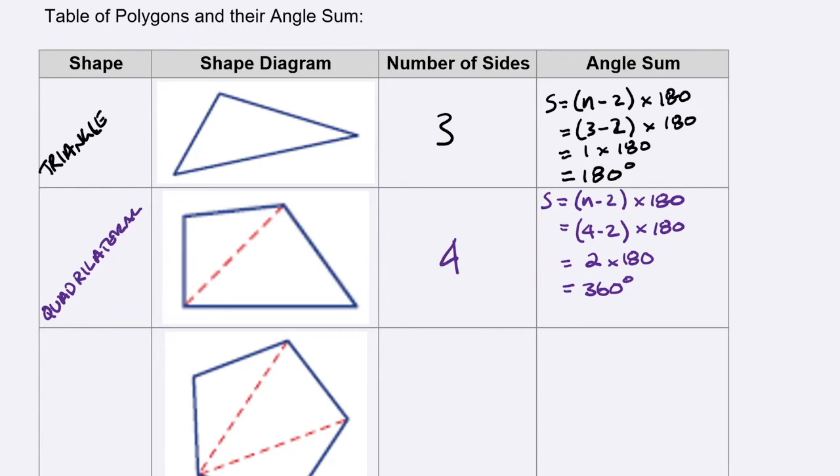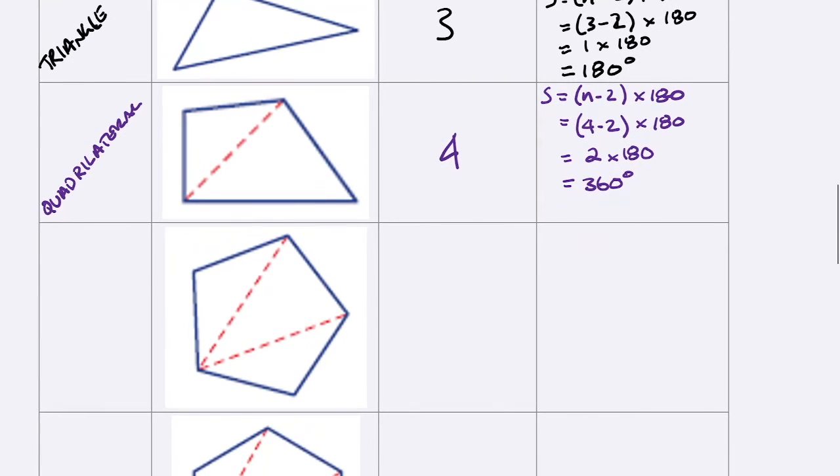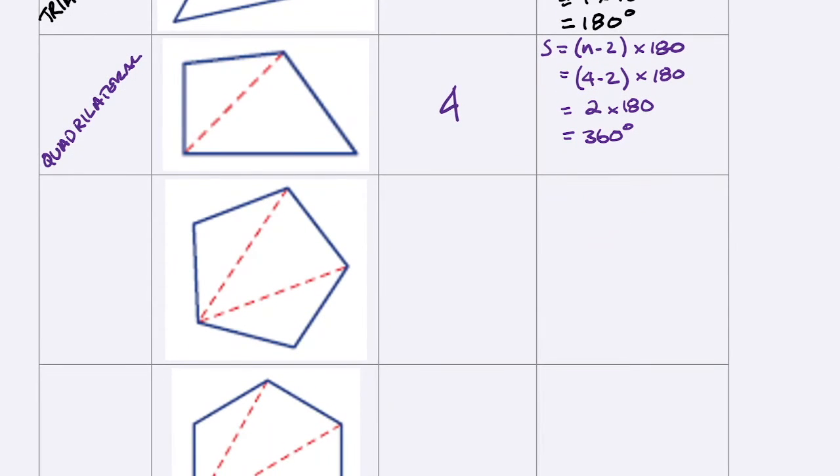As we're moving along, we get to our next shape. This one is our pentagon. That's 5 sides, and we go through those motions yet again. Okay.